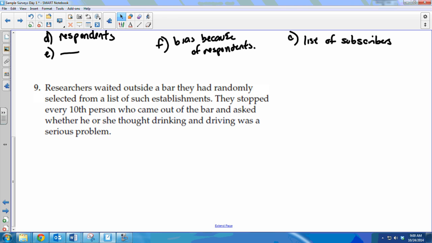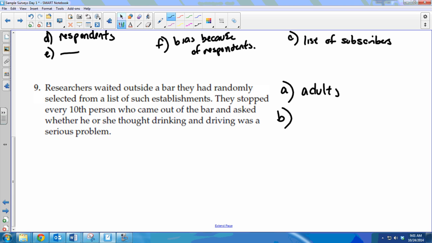So, what is the population as a whole that they're thinking about? Just like adults, right? Just generic adults. Does that make sense? On part B, what's the parameter we're looking for?